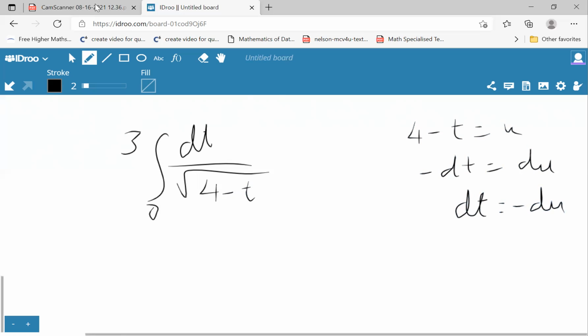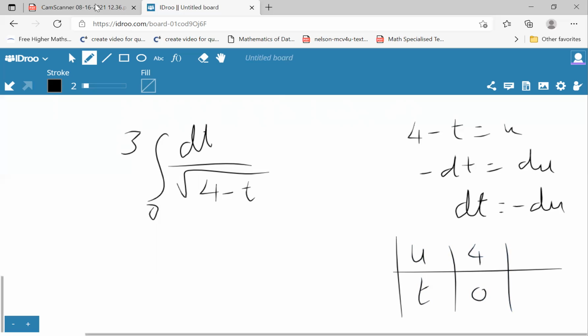So now let's substitute. Remember, when you substitute, you'll have to change the limits also. So what will be u and what will be t. When t is equal to 0, u will be equal to 4 minus 0, which is 4.